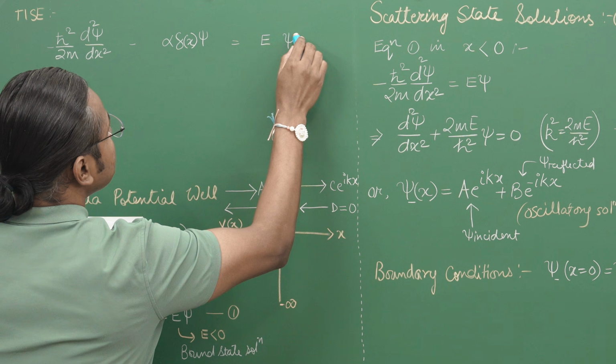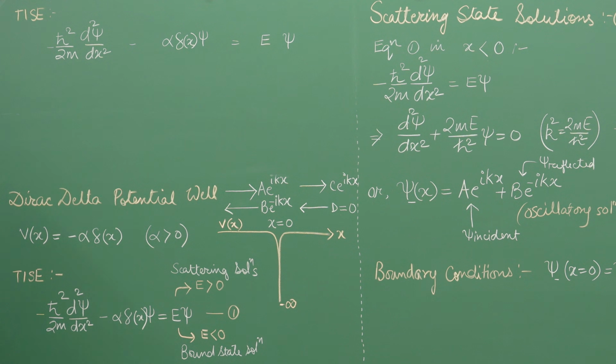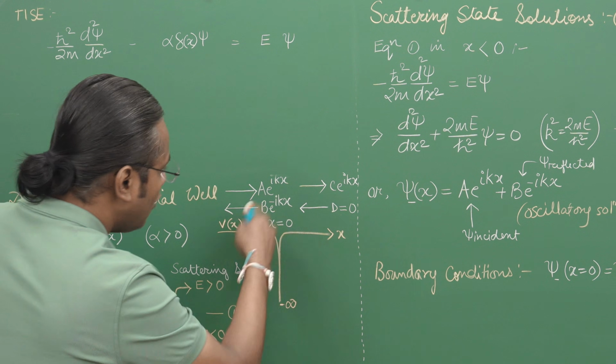So what I'm going to do is look at this Schrodinger equation over a certain region around x is equal to 0.